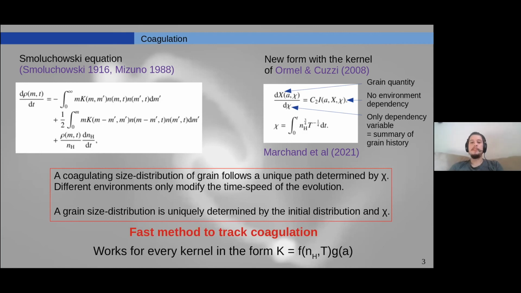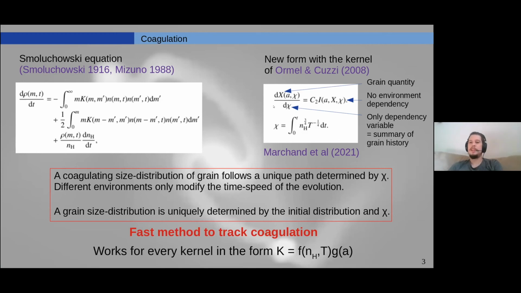So it can be a very fast method to track the coagulation of grains, because instead of calculating the Smoluchowski equation everywhere in your simulation, you just need to calculate this simple variable to get back to the size distribution.